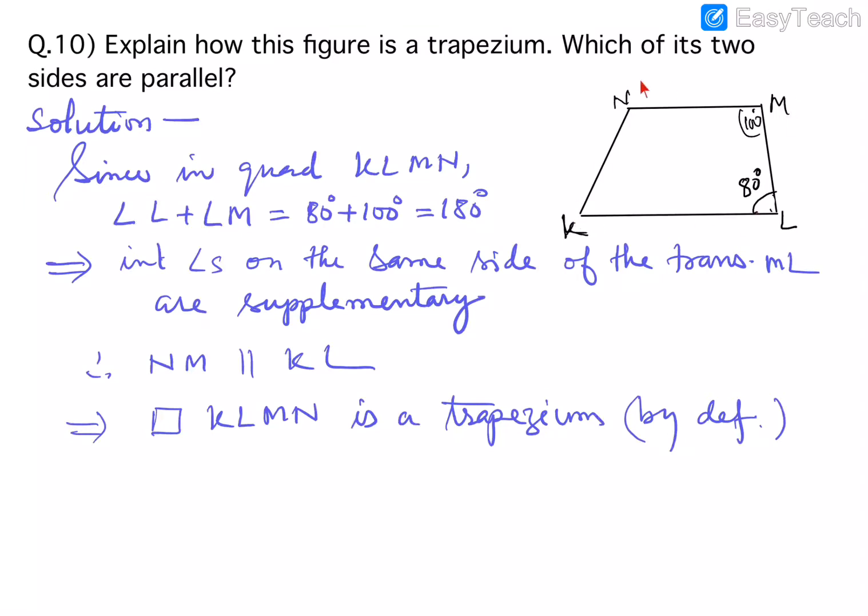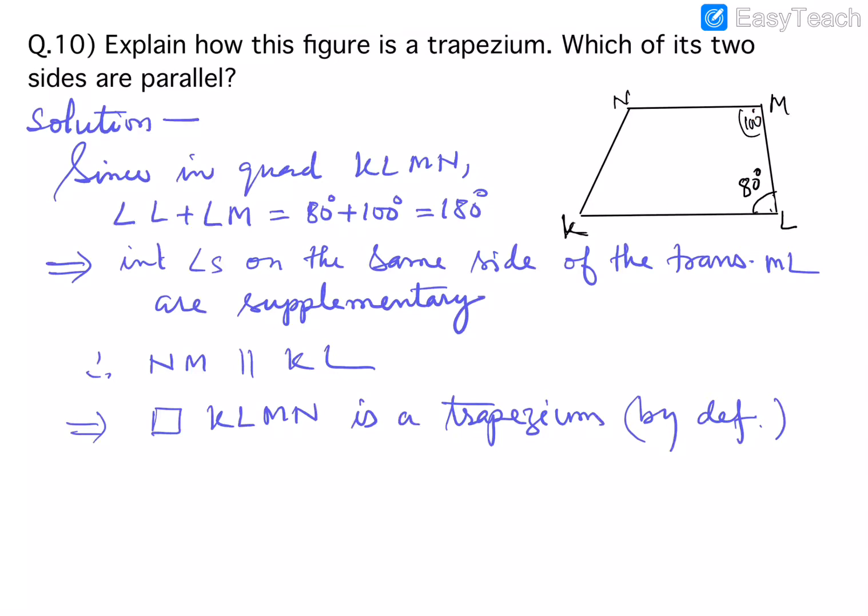Since this is a quadrilateral such that angle L plus angle M is equal to 80 plus 100 is equal to 180, showing that interior angles on the same side of the transversal. This is a transversal for these two lines.